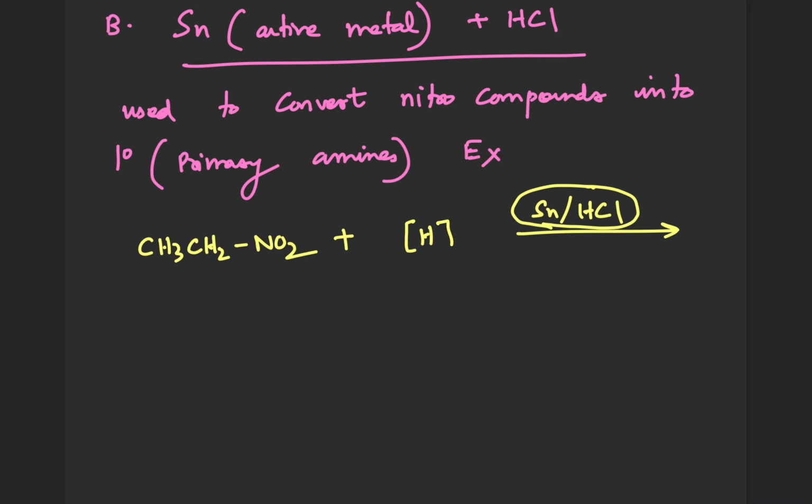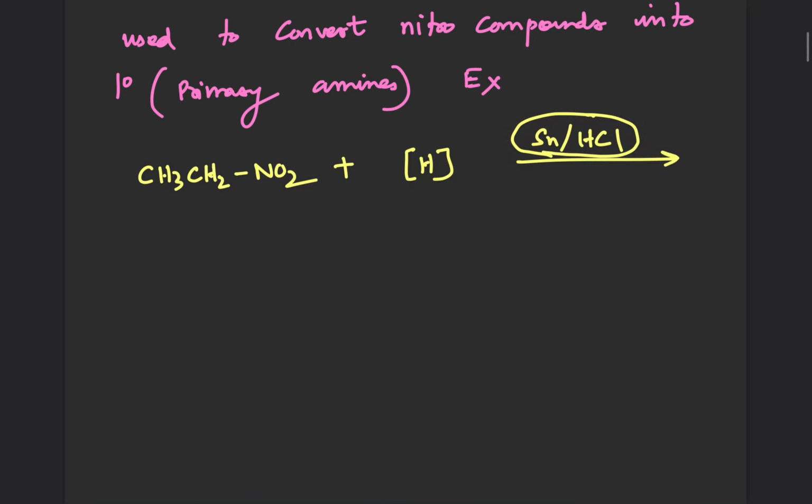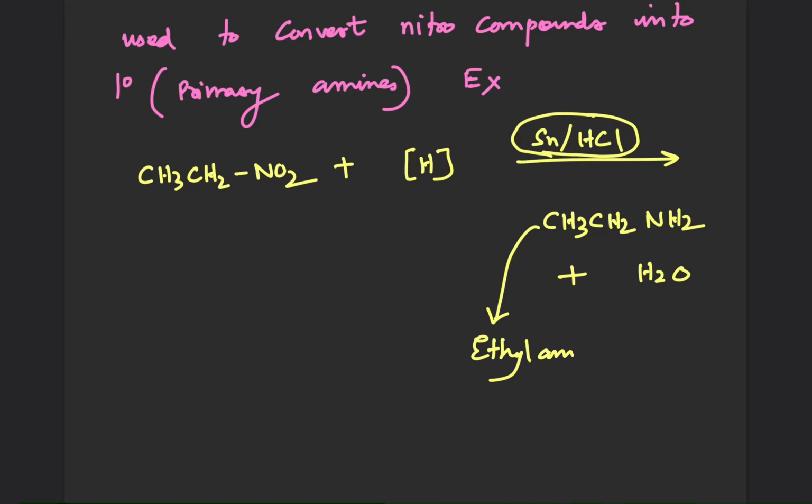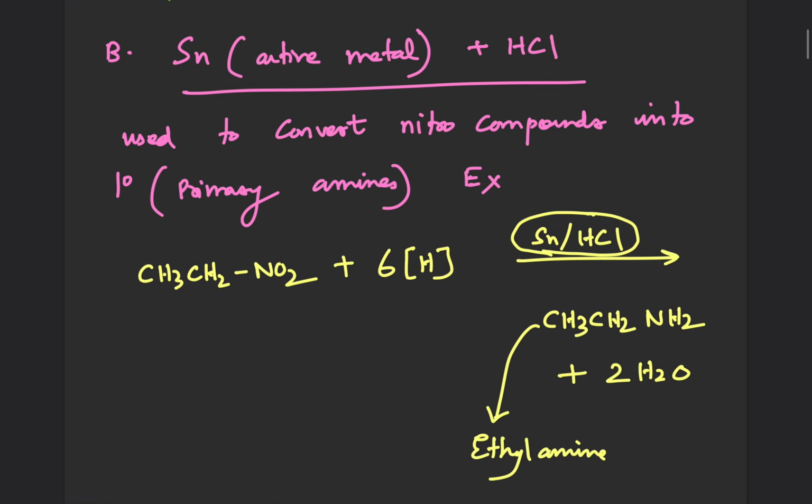So there will be nascent hydrogen released by the reducing agent, and obviously reduction is going to happen and we get CH3CH2NH2 and water. So this is our ethylamine. When we balance this, here we'll have a 6, here we'll have a 2. So therefore we cannot use tin plus HCl as our reagent to reduce nitriles to primary amines. Okay.